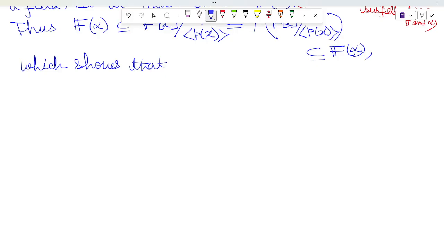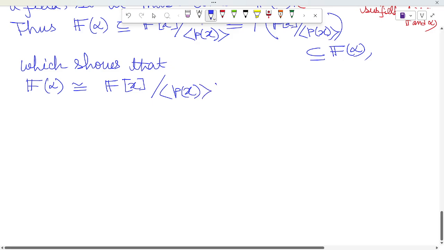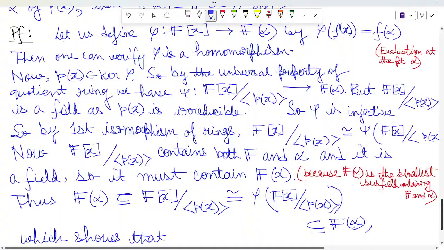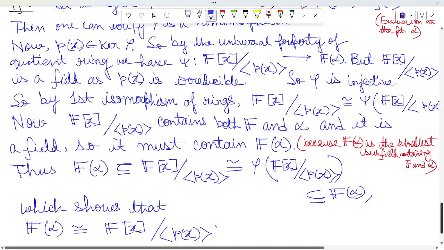What we did is a simple thing, just took the map.